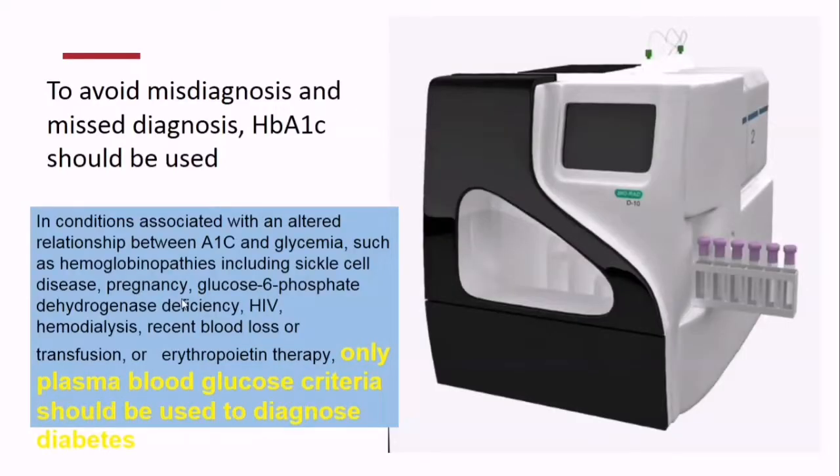To avoid misdiagnosis, HbA1c can be used. However, in conditions associated with an altered relationship between A1C and glycemia, such as hemoglobinopathies including sickle cell disease, pregnancy, glucose-6-phosphate dehydrogenase deficiency, HIV and hemodialysis, and recent blood loss or transfusions or erythropoietin therapy, only plasma blood glucose criteria should be used to diagnose diabetes.